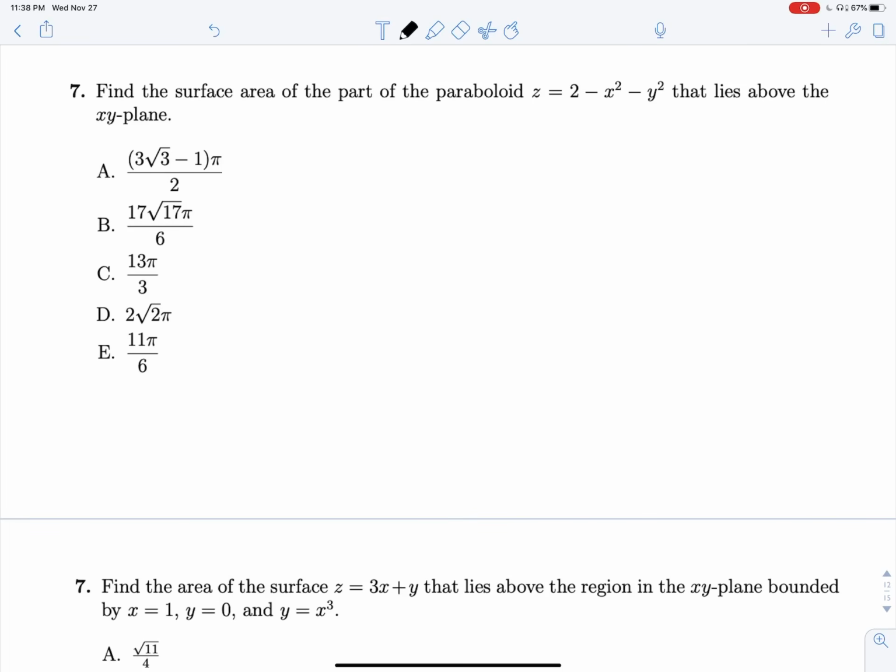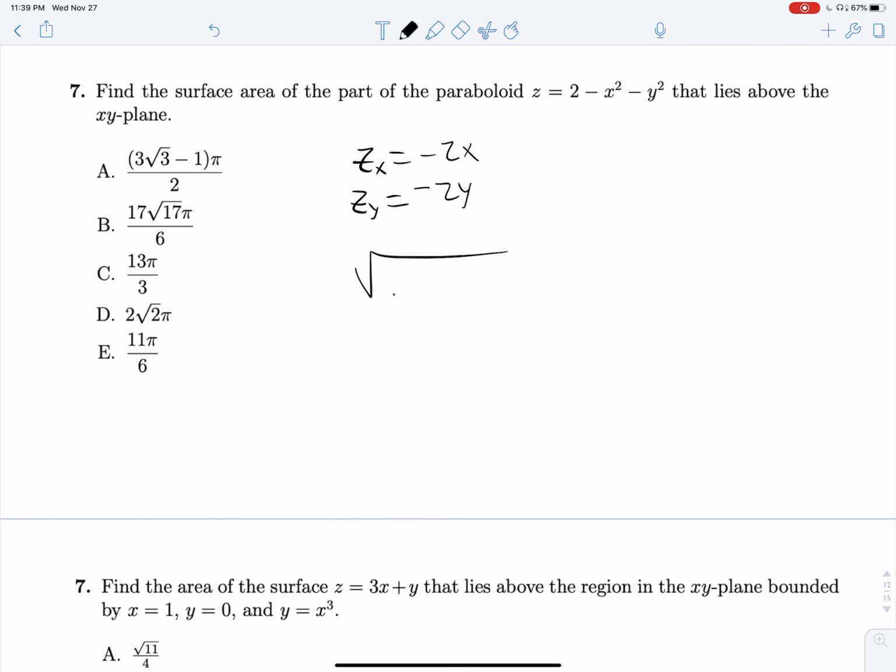Okay, question 7. Let's find the surface area of the part of this paraboloid that lies above the xy plane. So, same kind of thing. We're going to kind of blaze through these last couple. Zx is negative 2x. Zy is negative 2y.